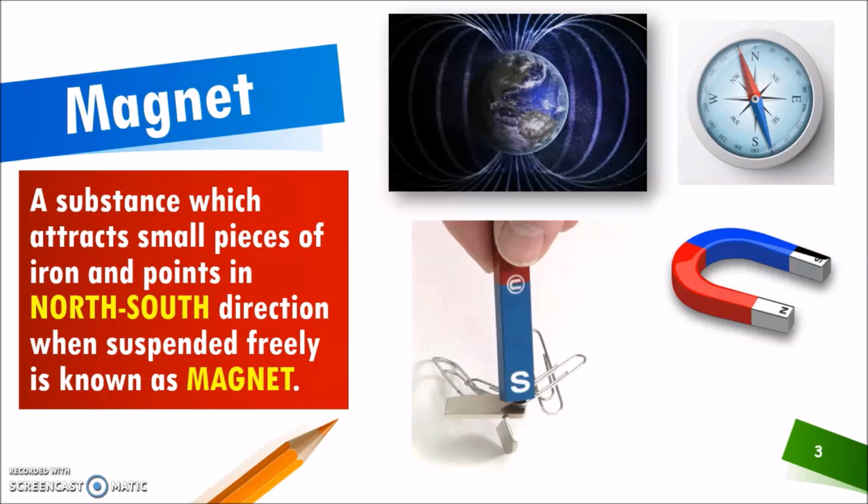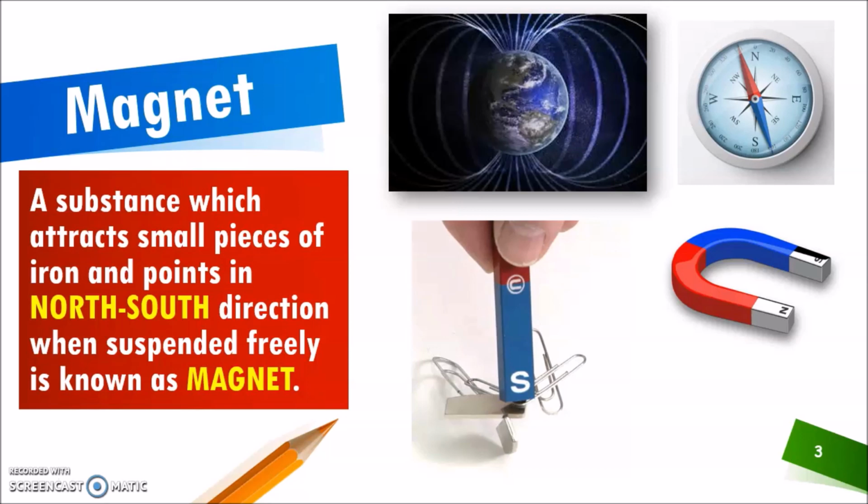It is a substance which attracts small pieces of iron and points in the north-south direction of earth when suspended freely. Mind my words, of earth. Okay. A naturally occurring iron ore, which is called lodestone or magnetite, also behaves as a magnet, but it is a very weak magnet.